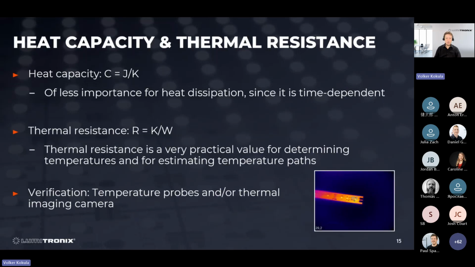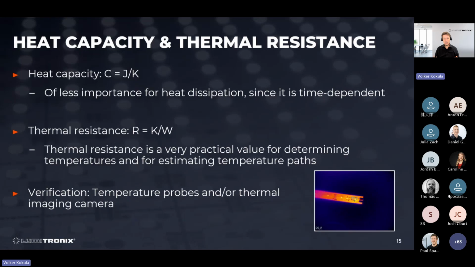And we have to make sure that we have no choke points where the heat is not transported very efficiently inside our LED module. And we can verify the thermal resistance, and especially hotspots, very effectively using thermal imaging and verify it with temperature probes.